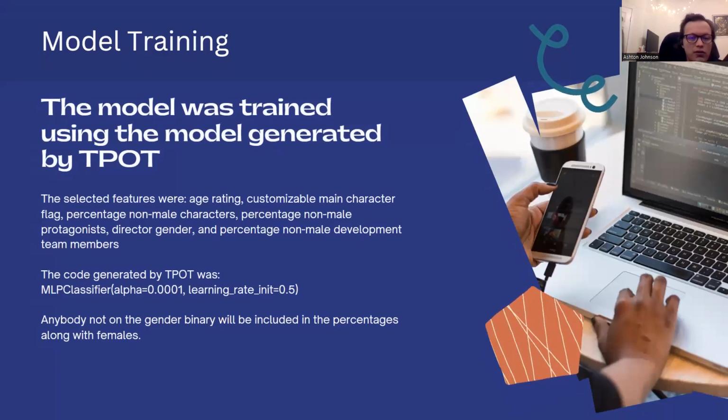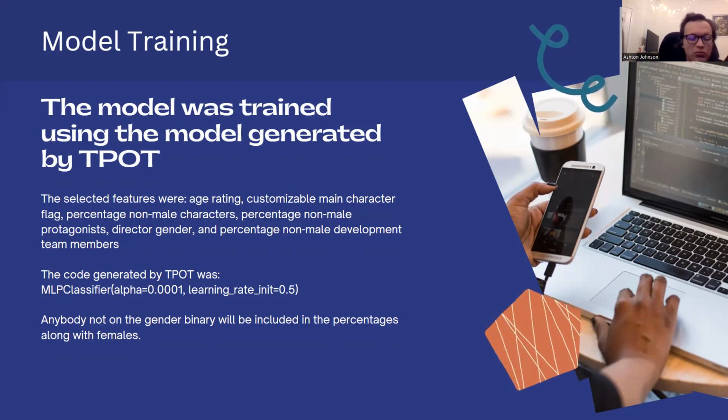Model training. The model was trained using the model generated by TPOT. The selected features were age rating, also called PEGI. That's like E for everyone, T for teen, 18 up, that customizable main character flag, percentage non-male characters, percentage non-male protagonists, director gender, and percentage non-male development team members.